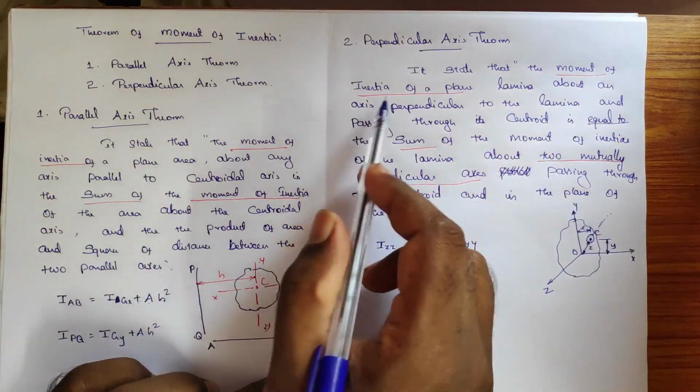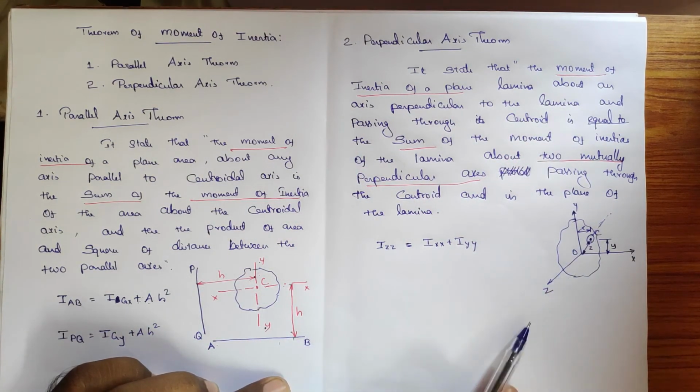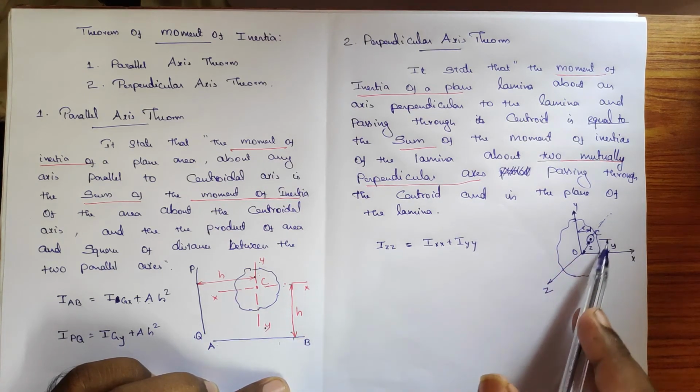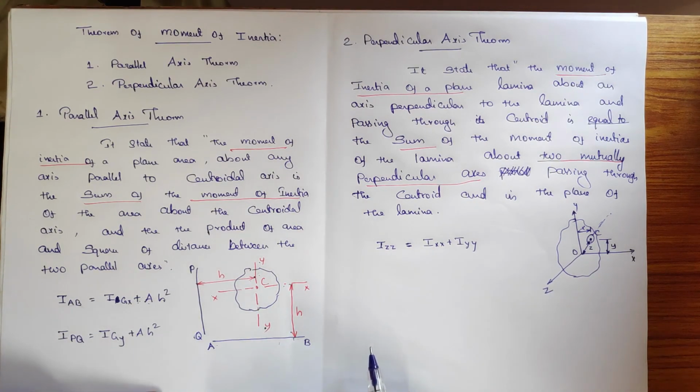It is so easy. The moment of inertia of a plane lamina about the axis perpendicular to the lamina and passing through the centroid C is equal to the moment of inertia about the other two mutually perpendicular axes, IXX and IYY.